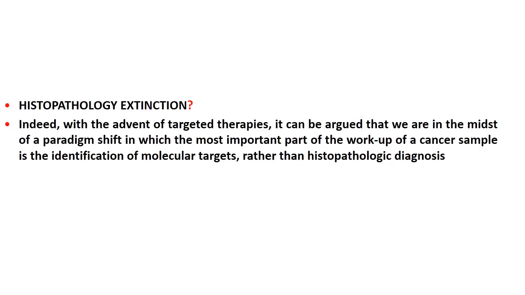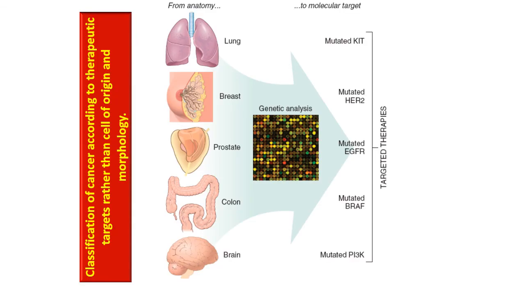More and more recognition of these molecular targets for targeted chemotherapeutic agents is changing the classification schema from the anatomy toward the molecular target, such as mutated KIT, mutated HER2, mutated EGFR, mutated BRAF, and mutated PI3K, instead of using the terms cancer of the lung, breast, prostate, colon, or brain.